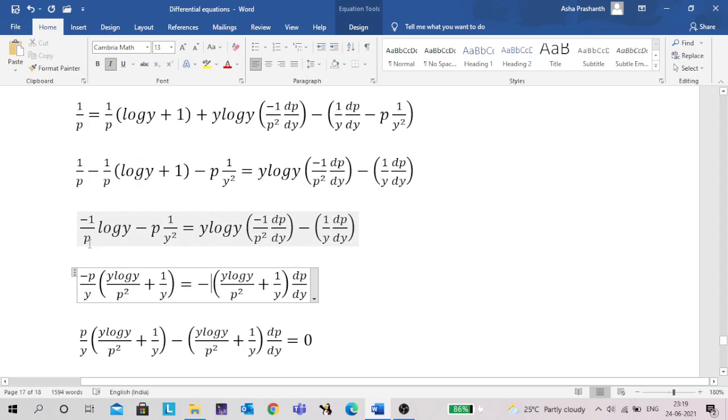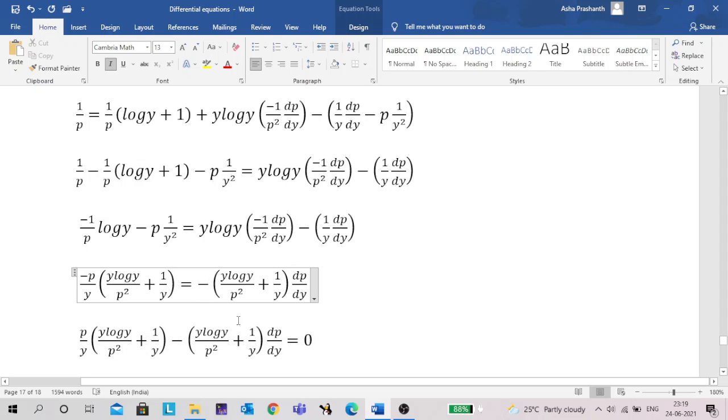Here p is there. If I take p outside, it will get multiplied by this p, right? So plus 1 over y. I am taking minus p by y outside in these two terms. So minus and minus get cancelled, p by y.